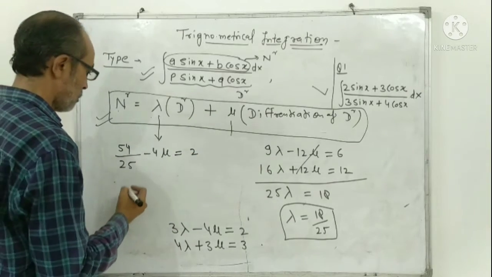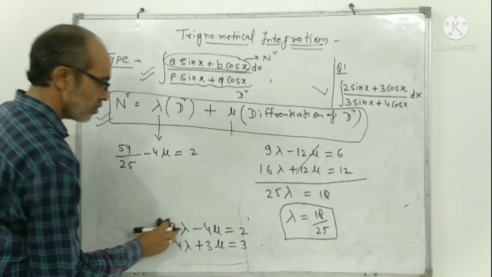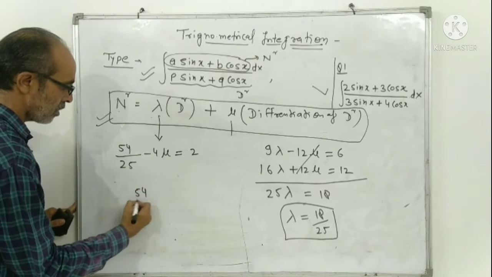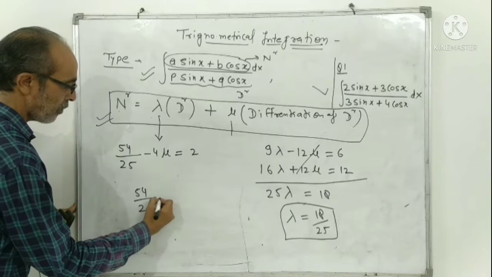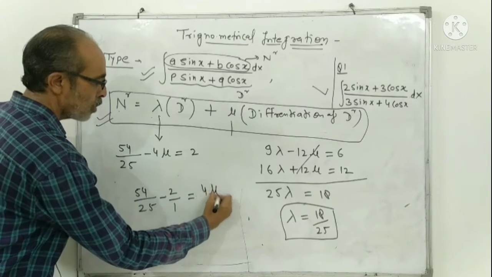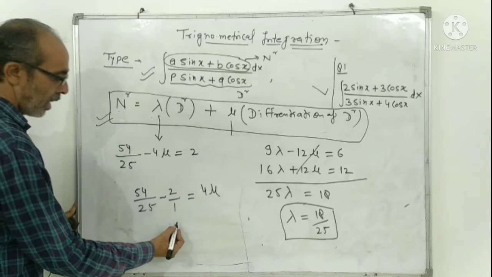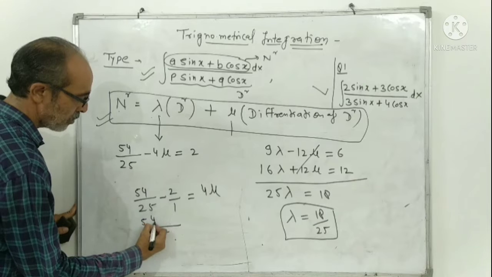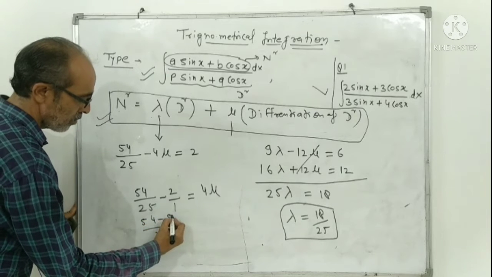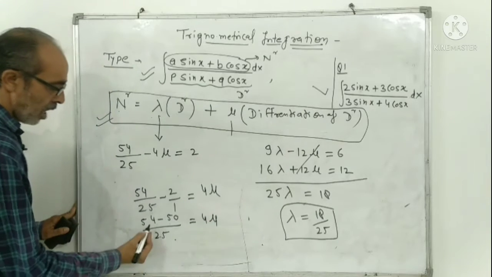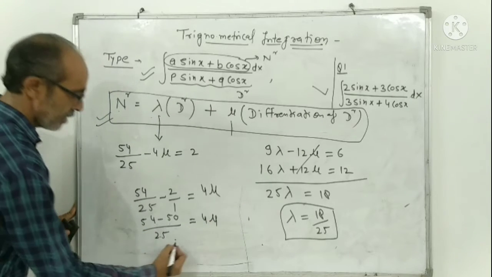And here, 54 divided by 25 negative 2 divided by 1 is 4 times mu, and the LCM is 25. Here is 54 negative 50 is equal to 4 times mu, and 54 minus 50 is 4.